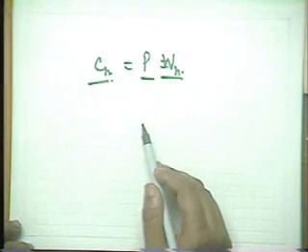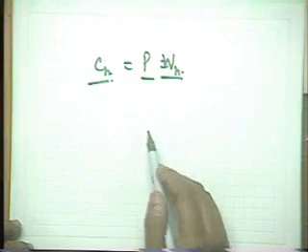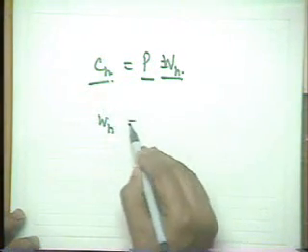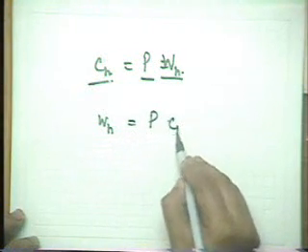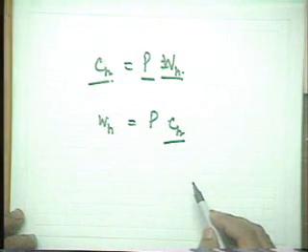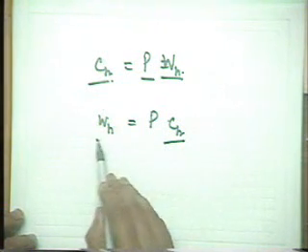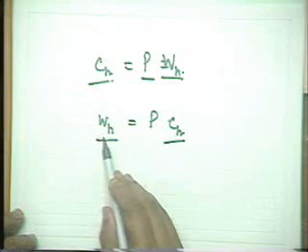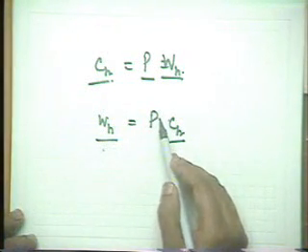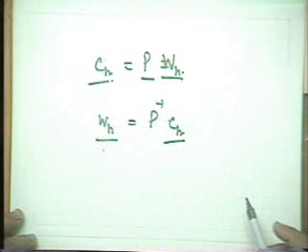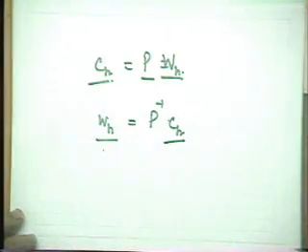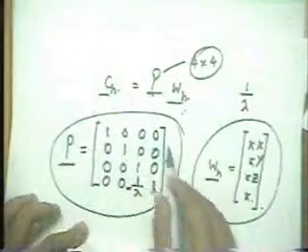If we try to do the reverse, what should we do? The inverse operation. That means if somebody gives me the camera point CH, in order to get the world point WH, what should I do? I should multiply it with the P inverse matrix.